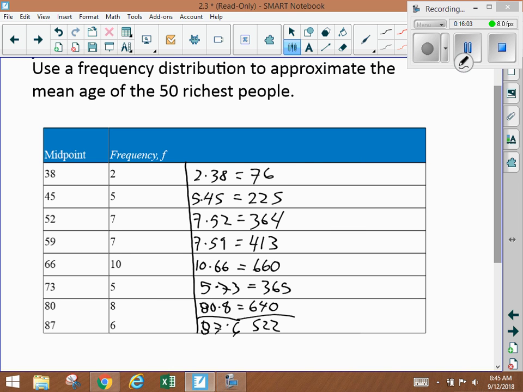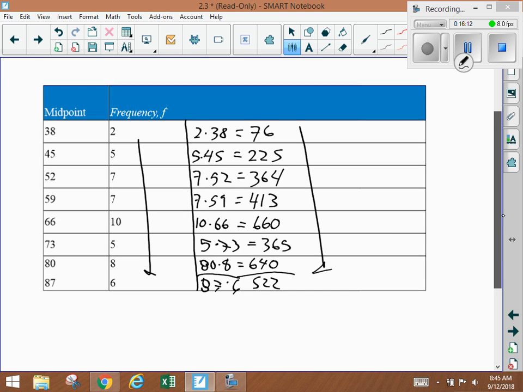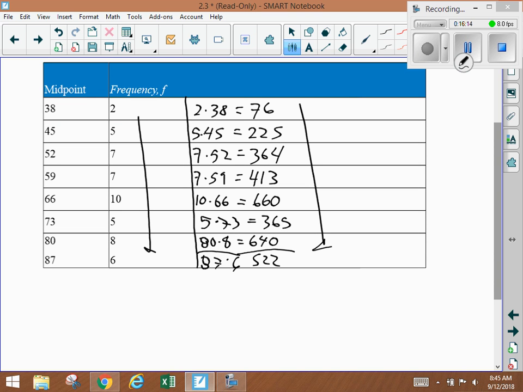And then you add them up. We have to add them all up. So let's go ahead and do our adding. We're going to add all these up, and then we're also going to add all these up. So 2 plus 5 plus 7 plus 7 plus 10 plus 5 plus 8 plus 6, we have a sum of 50.